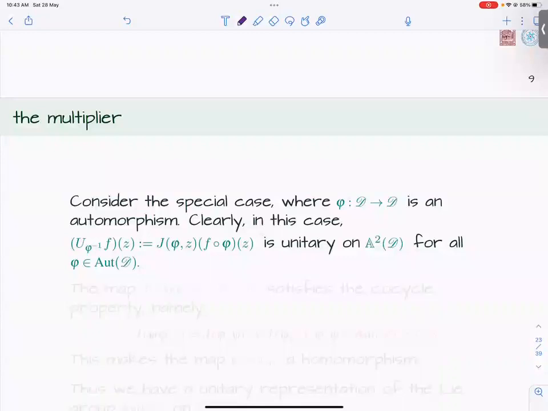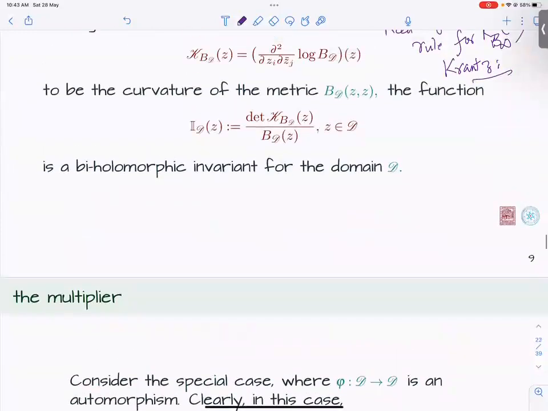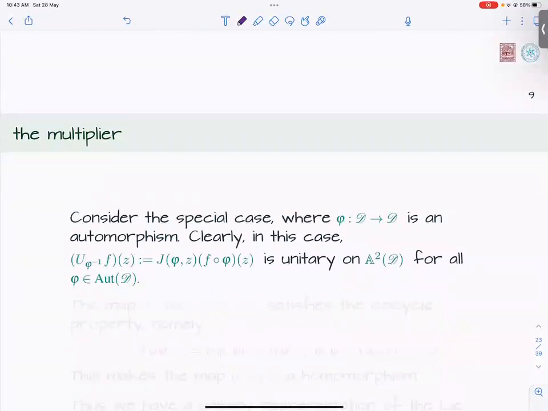So, rather than looking at the general phi going from D to D tilde, what I'm doing here is to say, for our purposes, it is enough because we are looking for biholomorphic invariants.